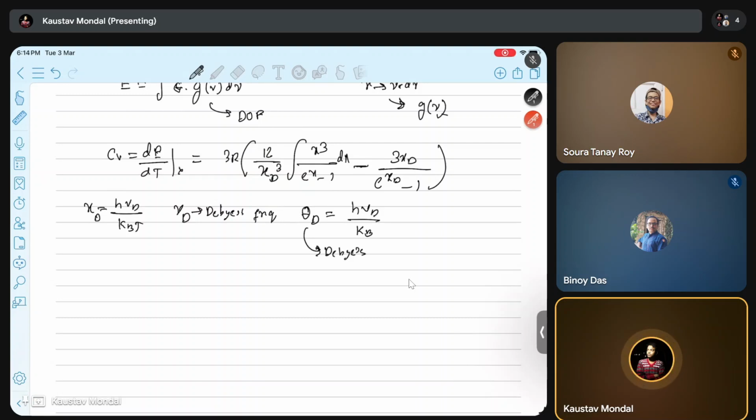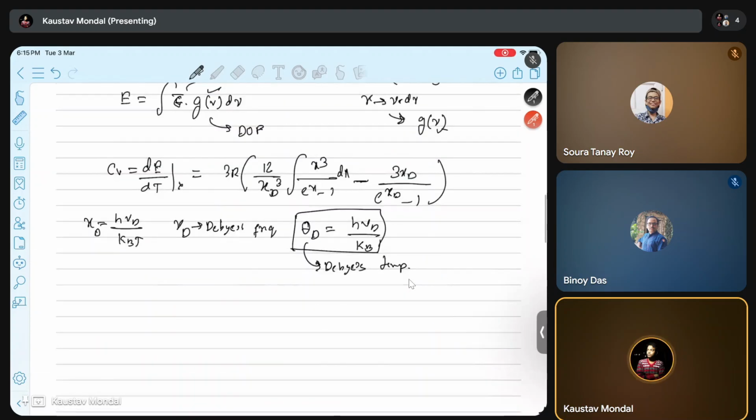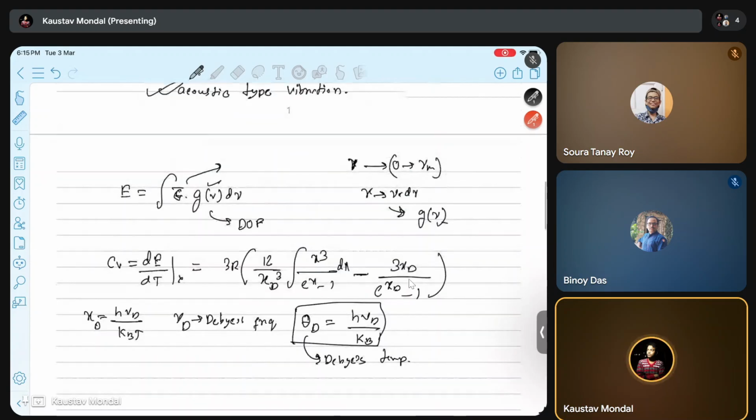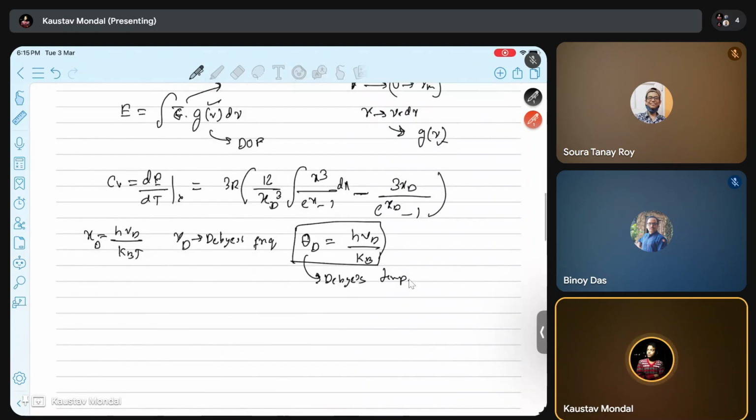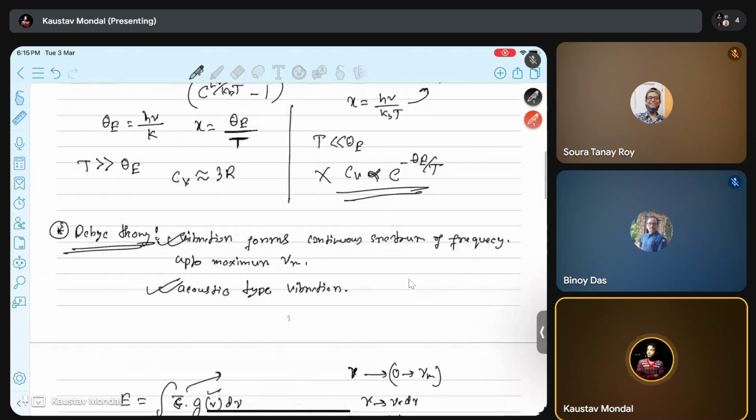There are two things here: one is the Debye's frequency, another is the Debye's temperature. These are very important in solving numerical problems. To solve the problems, you have to remember these relations: the expression of Debye's temperature, Debye's frequency, and Einstein temperature.